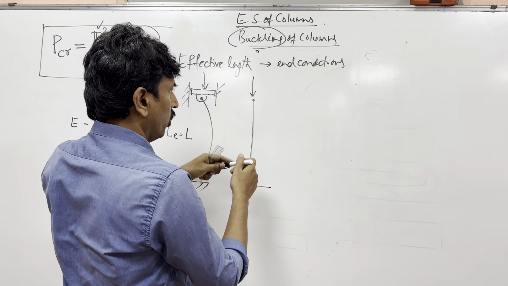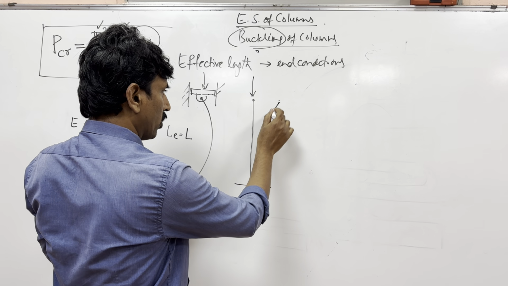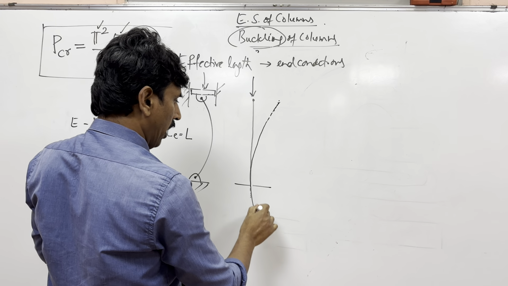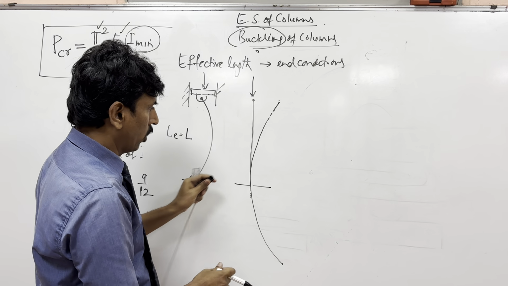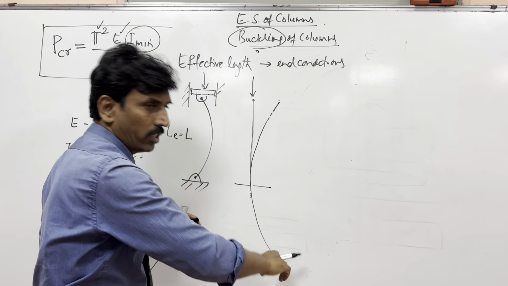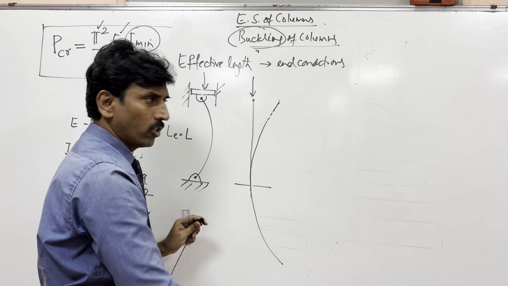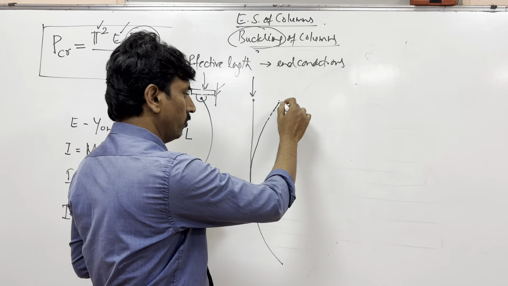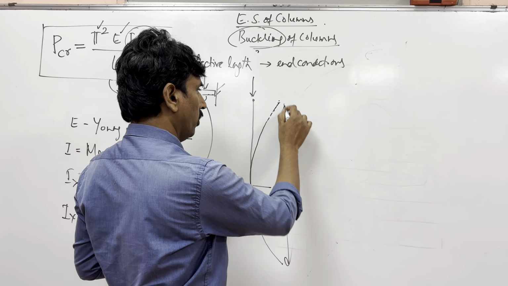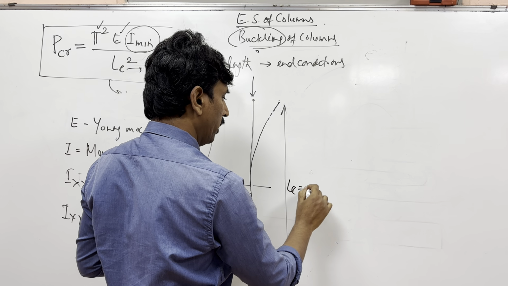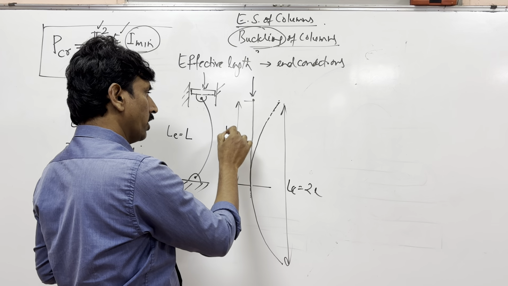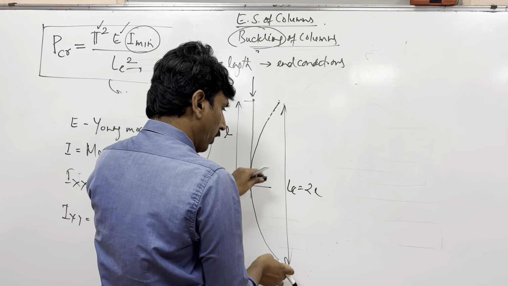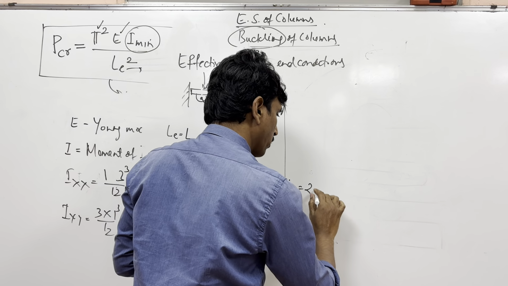Basically, if you extend the effective length of the column to the other side, it looks like a column with an arch. So the effective length LE is 2 times the original length of the column. If this is L, the effective length is 2 times the length.